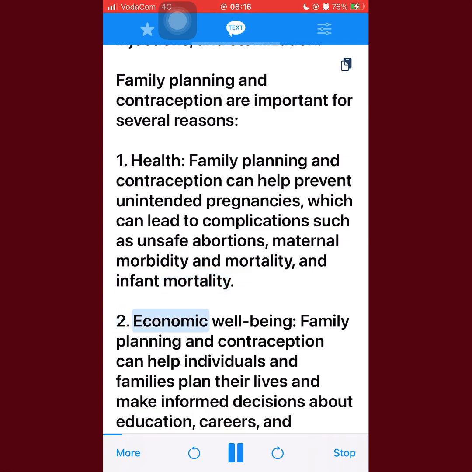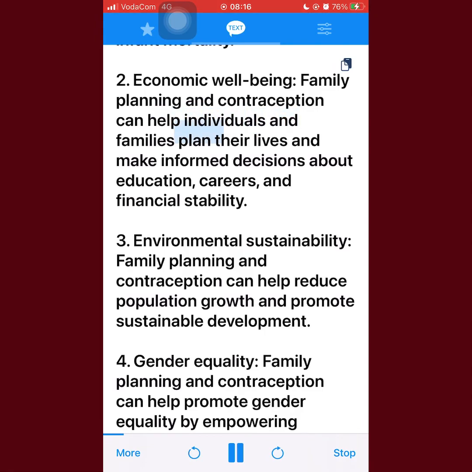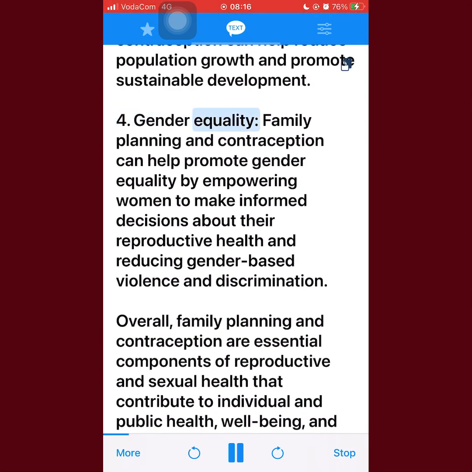2. Economic well-being. Family planning and contraception can help individuals and families plan their lives and make informed decisions about education, careers, and financial stability. 3. Environmental sustainability. Family planning and contraception can help reduce population growth and promote sustainable development. 4. Gender equality.